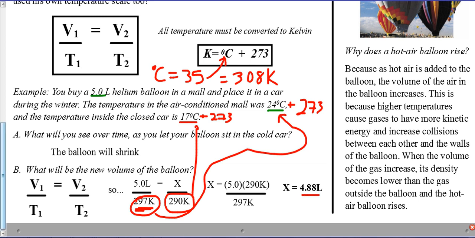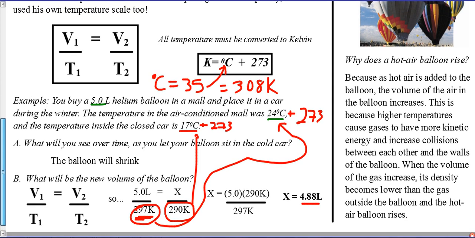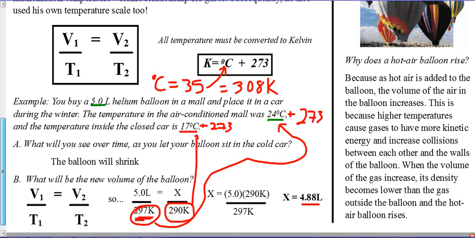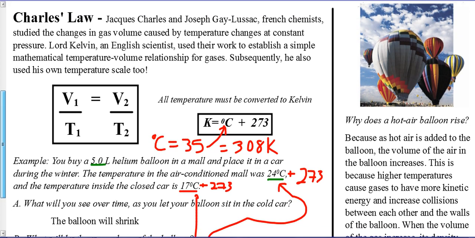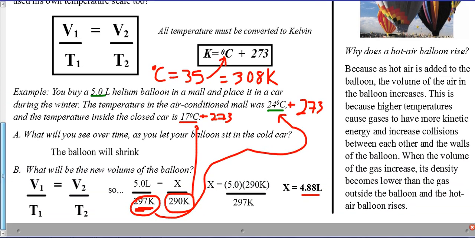As a connection to a real-world application, on the right-hand side, I have a picture of hot air balloons. So the question is, why does a hot air balloon rise? Well, if you add hot air to the balloon, the volume of the air will rise.